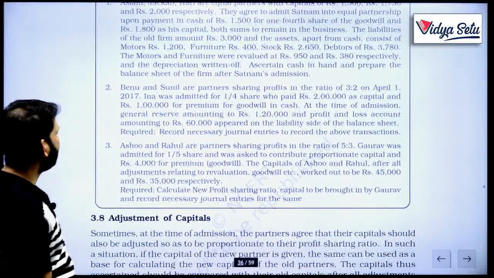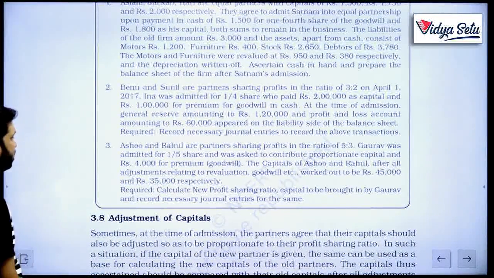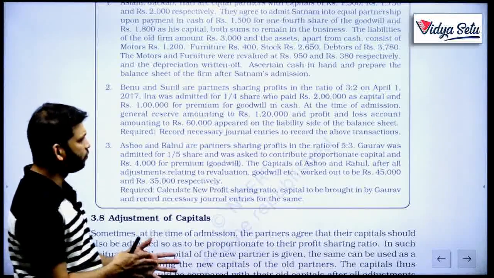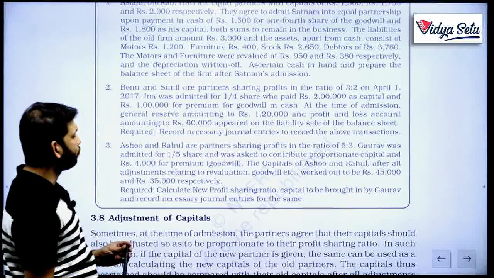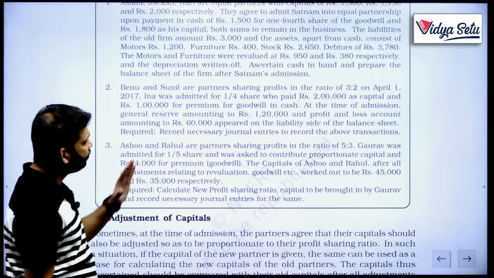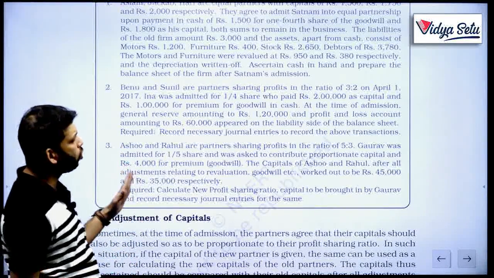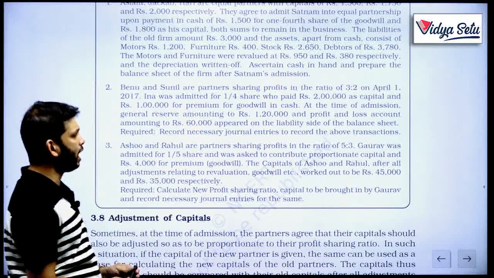Next thing is Ashu and Rahul. This is a good question again. Ashu and Rahul are partners sharing profits in the ratio 5:3. Gaurav was admitted for 1/5 share and was asked to contribute proportionate capital.